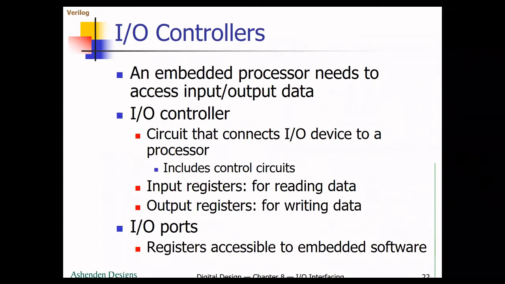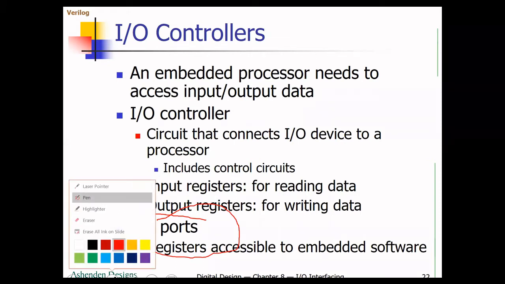Like in the 8255, you have a control word register and then port A, port B, port C. Port A, port B, port C are your IO device interface, and the control word register is your controlling circuit. Input registers are for reading, output registers for writing. IO port registers give access to embedded software, so we can access these IO ports through embedded software. What are these IO ports? Like port A, port B, port C.